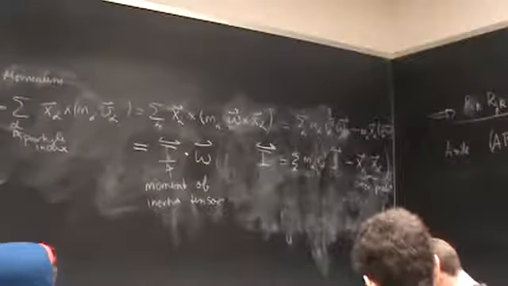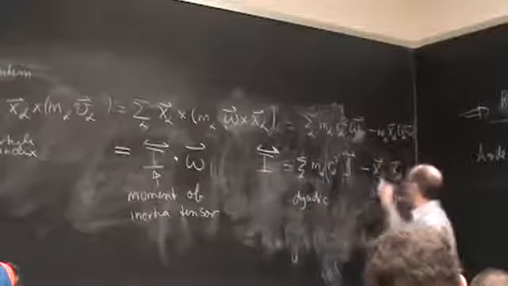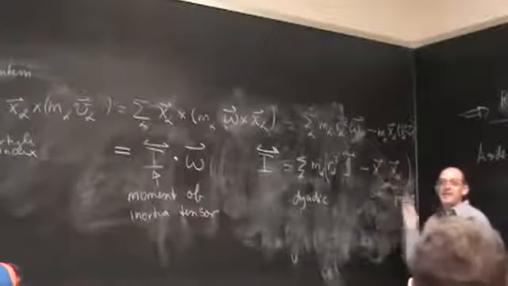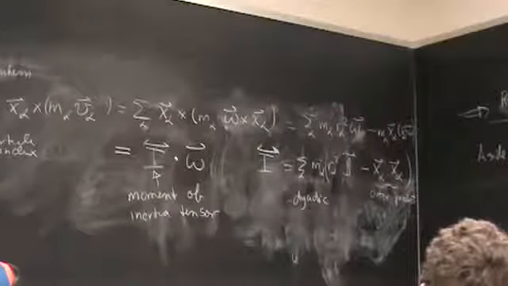So this is what's called dyadic notation, where if I just write vectors next to one another, they become a tensor.